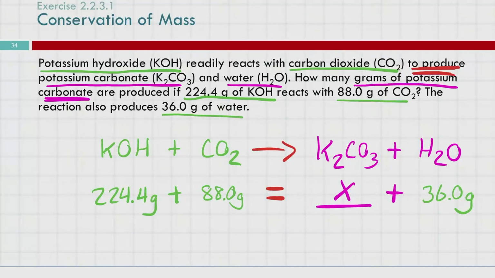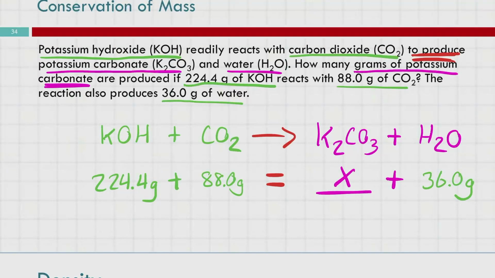All right, so if we add up 224.4 and 88, our reactant amount is 312.4 grams total for our reactants, which is equal to the amount of products.